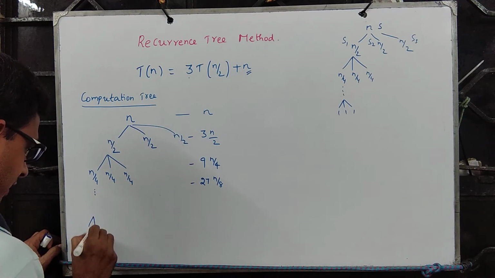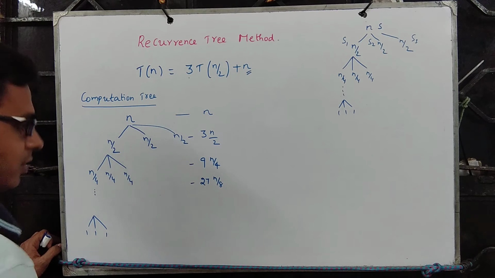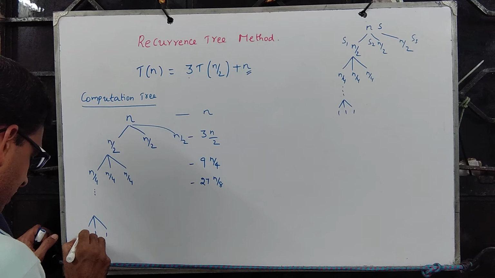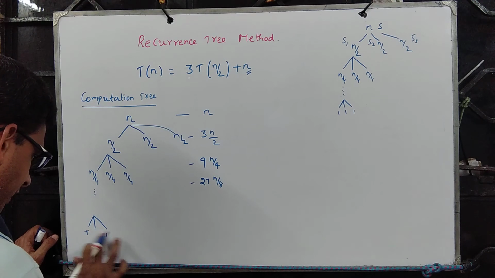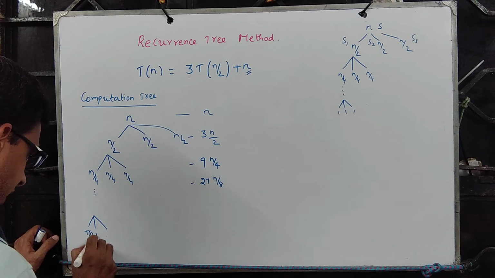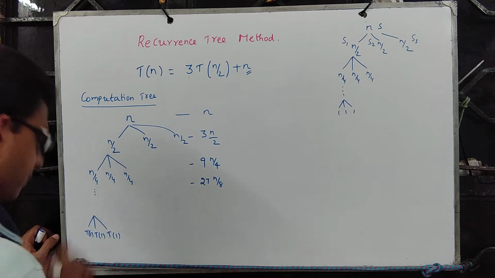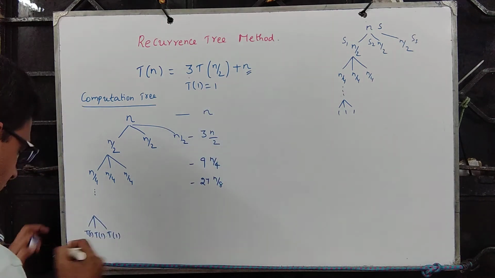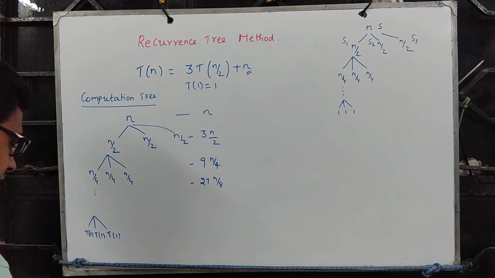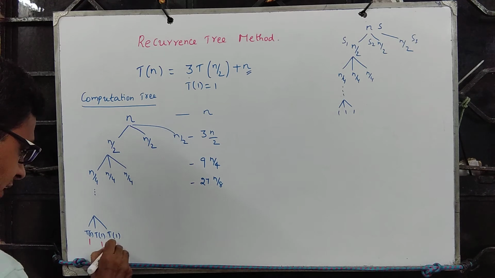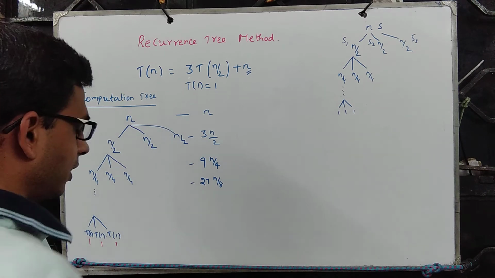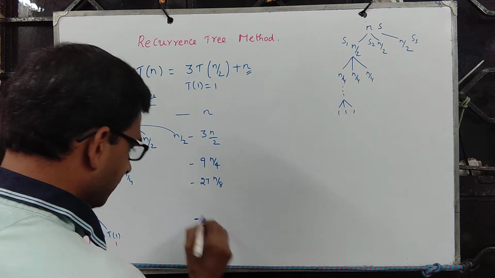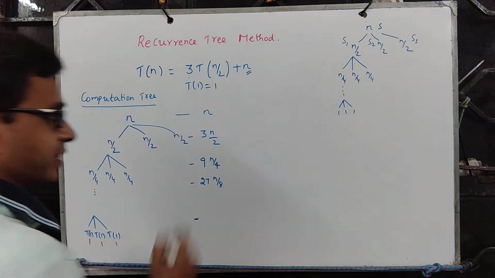And after a while we get to see problem size 1, which means the cost incurred for each of these is precisely given by T(1). If you assume, say, T(1) as 1, then the cost at this level is precisely 1. Fine.